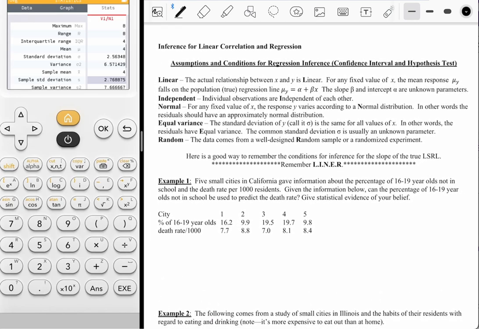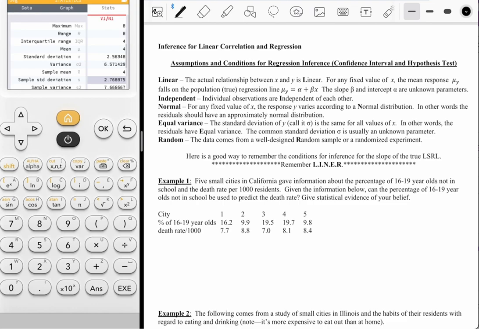All right. So the assumptions behind the linear regression t-test: it's got to be linear. They say it has to be linear. Well, if it is linear, then why are we testing it? So there's an assumption that there might be an underlying linear relationship, and that's what we're trying to test.